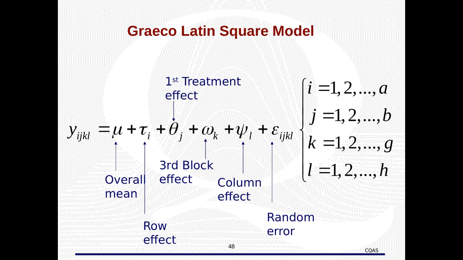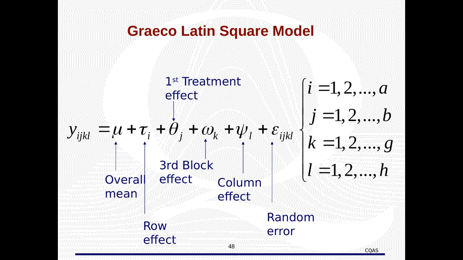Third, the column effect represents variation attributable to columns. Fourth, the block effect, specifically the third blocking factor, captures additional systematic variation from the 3-dimensional blocking structure inherent in the Graeco Latin arrangement. Finally, we include a random error term that represents unexplained variation or noise in the measurements.